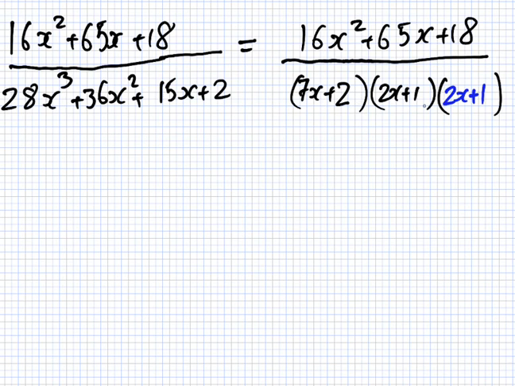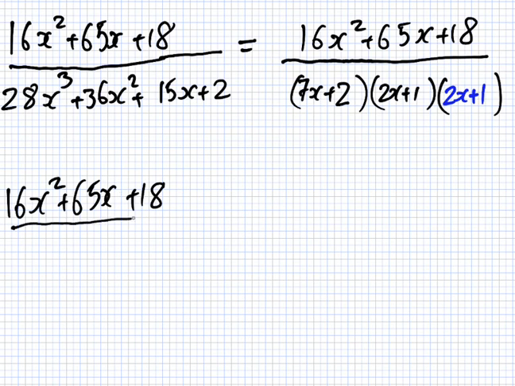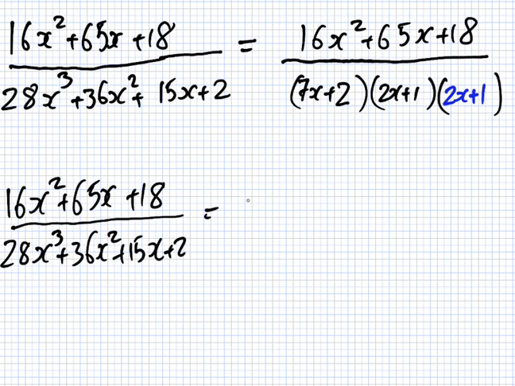So I have my three factors. So this is a problem that we've seen earlier where the factor is repeated. And we know how to take care of this. So this is 16x squared plus 65x plus 18 all over 28x cubed plus 36x squared plus 15x plus 2 equals a over 7x plus 2 plus b over 2x plus 1.